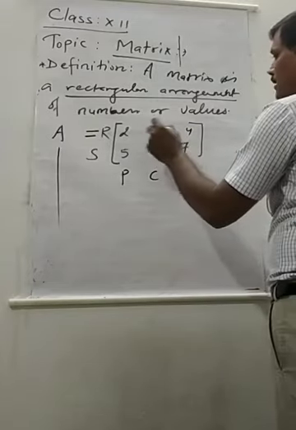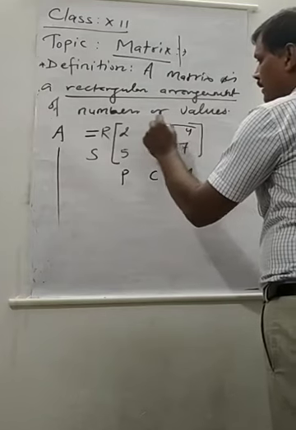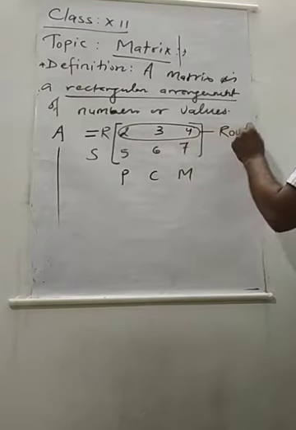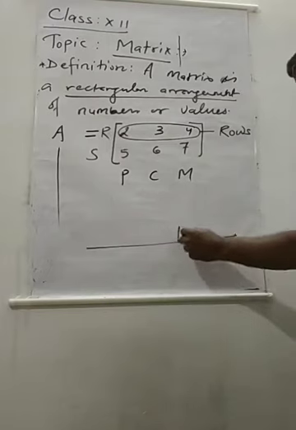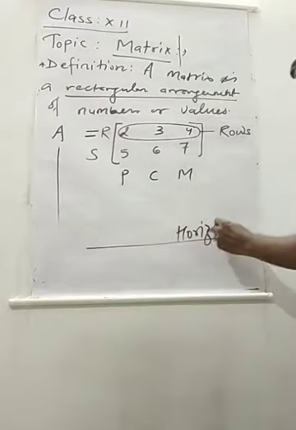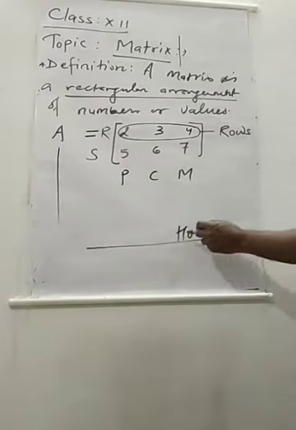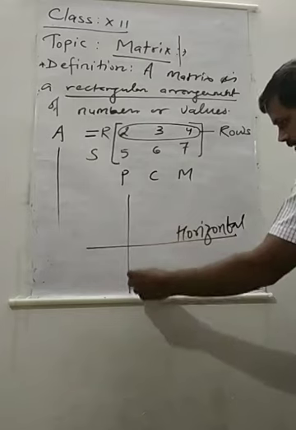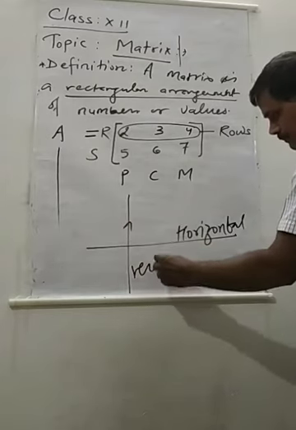Children, the horizontal informations are called rows. Be very clear. The horizontal lines are of this type, and these are called vertical lines.